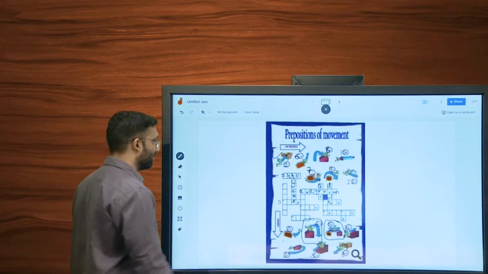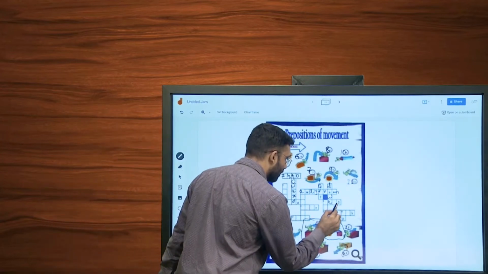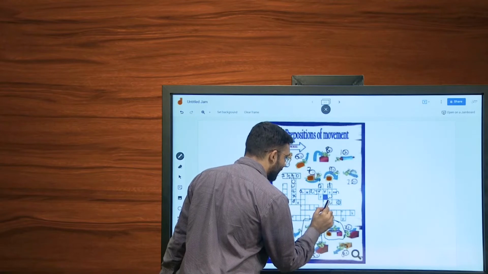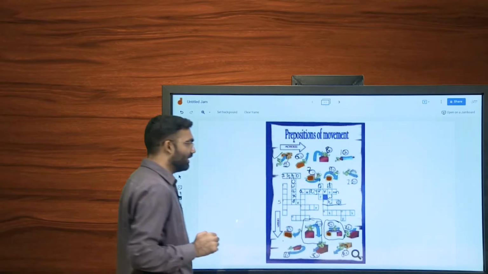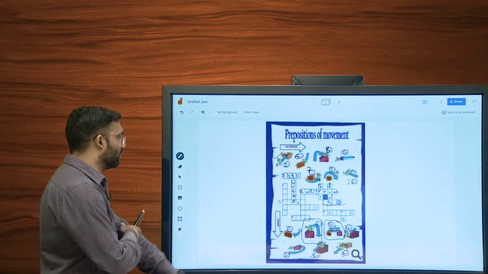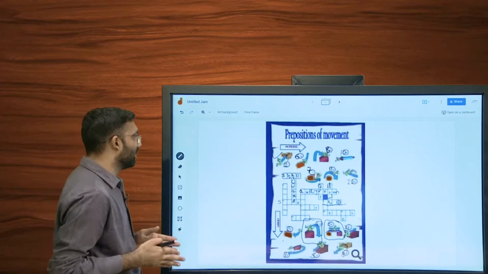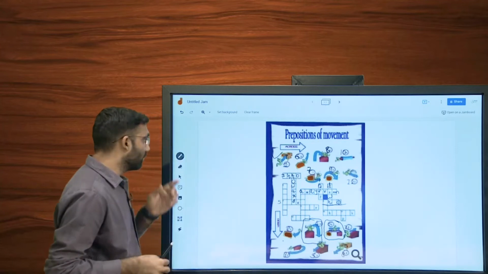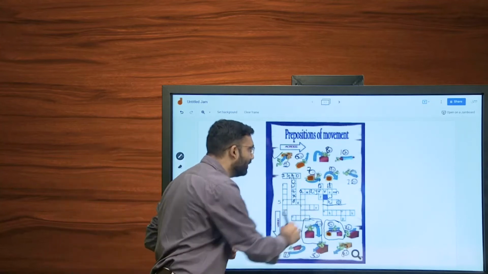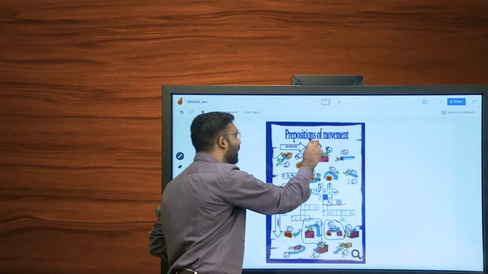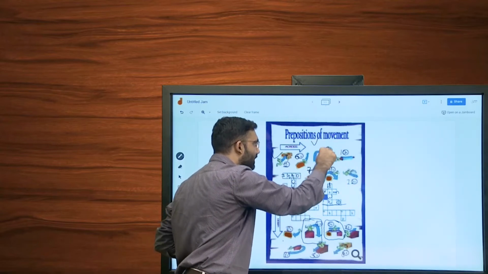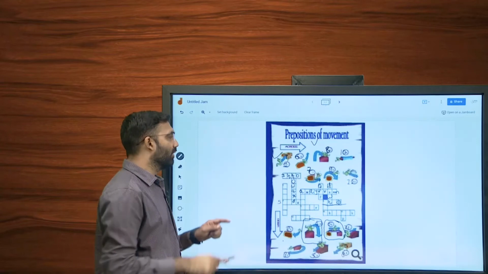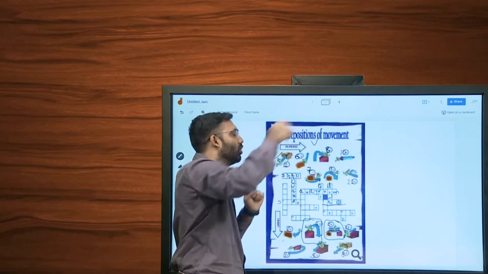Now, we already have a hint here. This is I, this is N, and this is O. We can fill this one. Yes. Which one is it? This one is the eighth one. If we see the eighth one, from below it is moving on top.